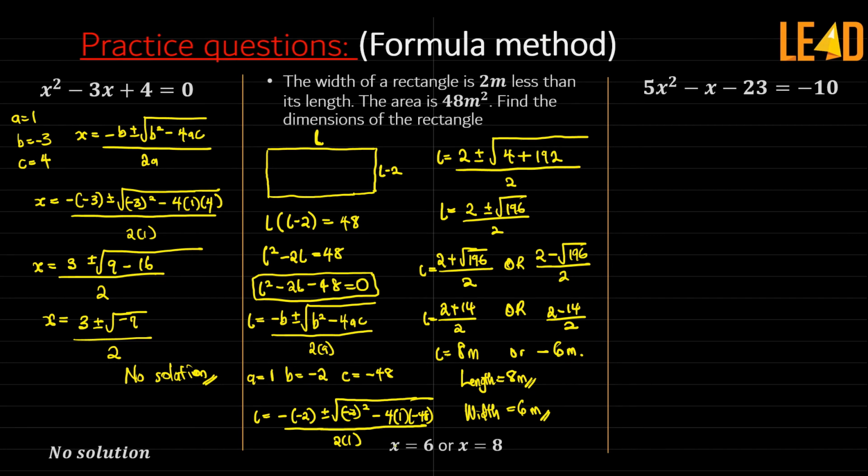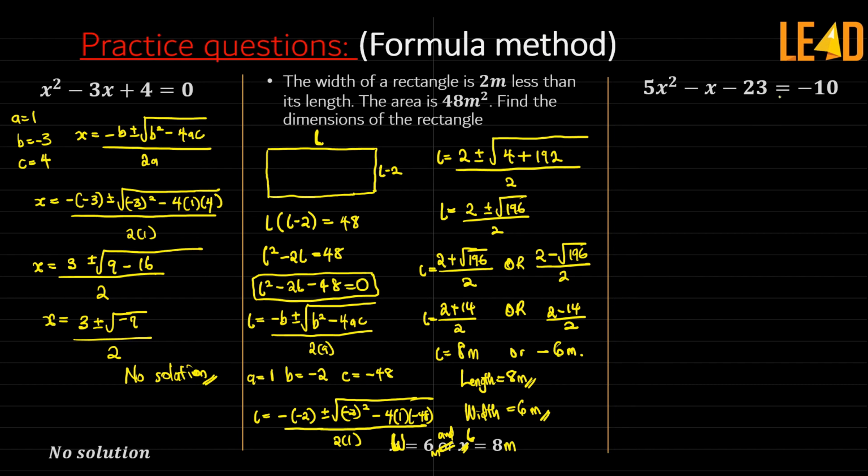So W is equal to 6 meters and L is equal to 8 meters. Okay, that'll be corrected by the time you see the next slide, so it's fine.